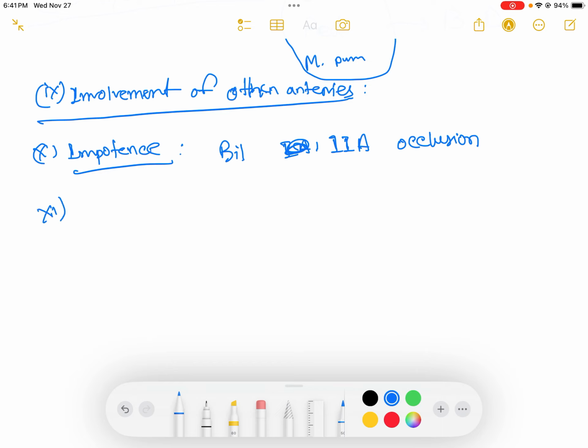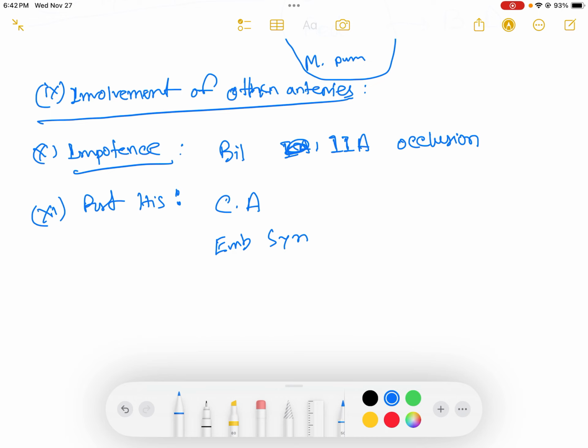Number 11, past history. The patient with arterial occlusion may give a history of previous cardiac attacks or embolic syndromes.